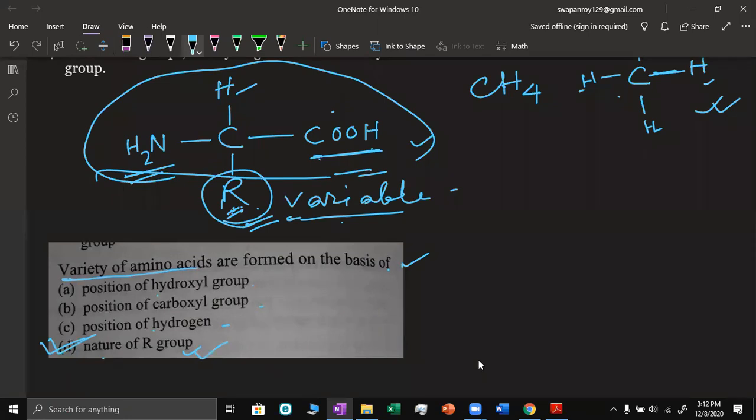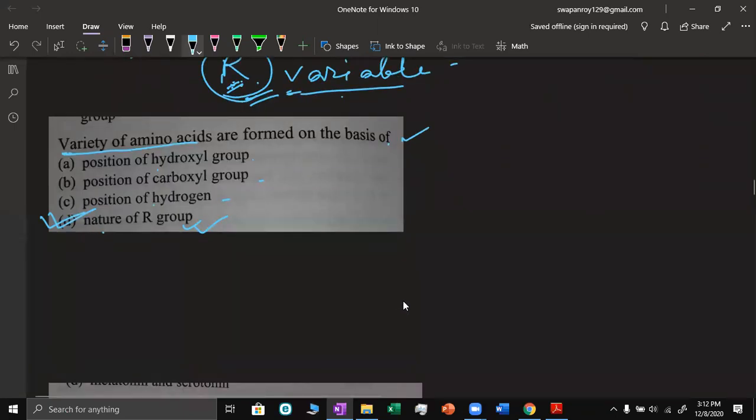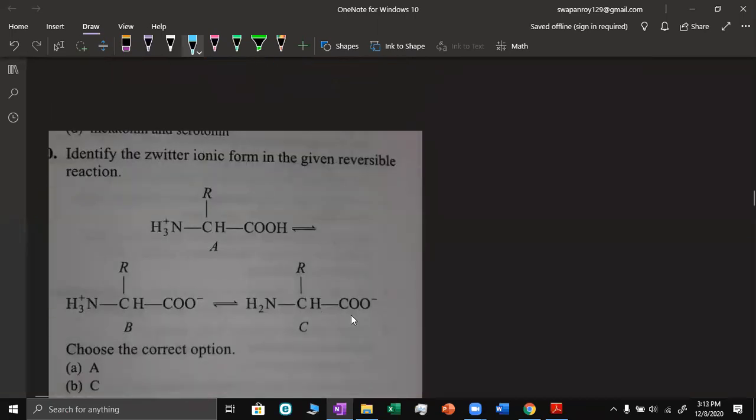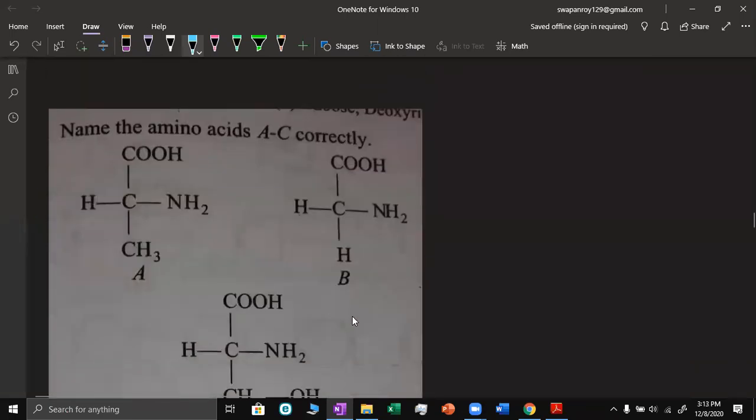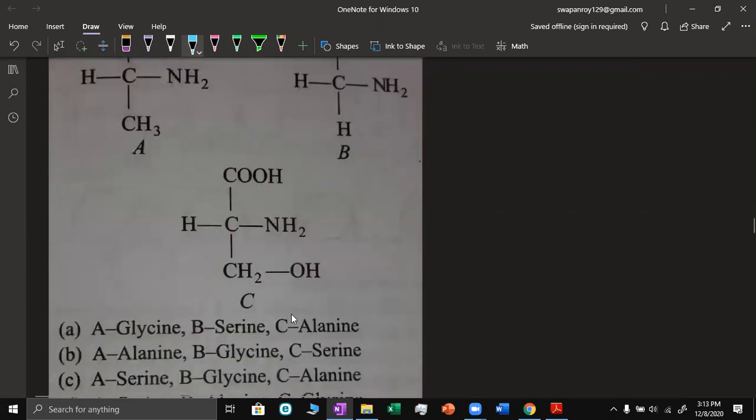So if the R group changes, there will be a different amino acid. This R group can be anything. One has been given here. Name the amino acids A to C correctly.